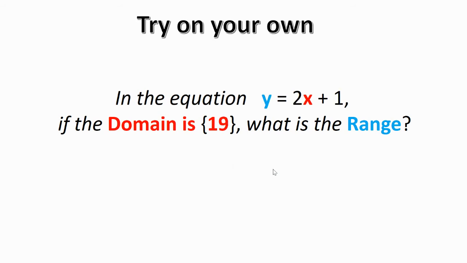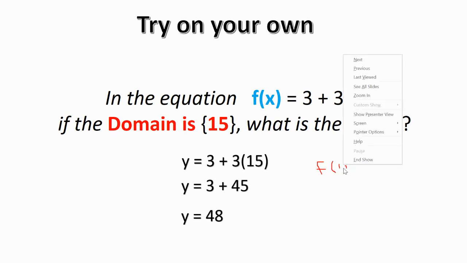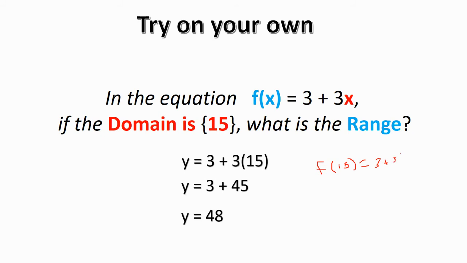Okay? Now, I do want to look at this a little bit differently. Let me go back here. Really, the way they're going to write this is they're going to say f of 15 equals, and then you would plug in, you got 3 plus 3 times 15.